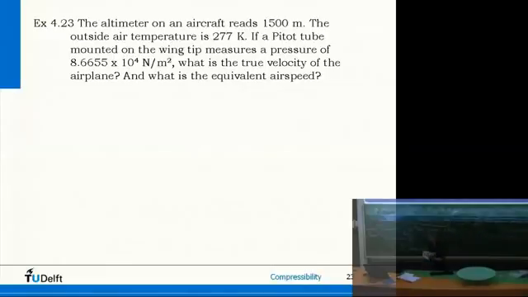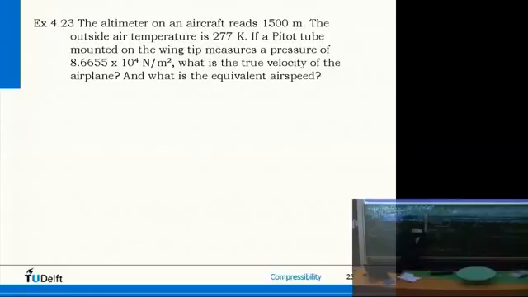V is the square root of 2 times P0 minus P over rho S, at standard sea level conditions, 1.225 kilograms per meter cubed.